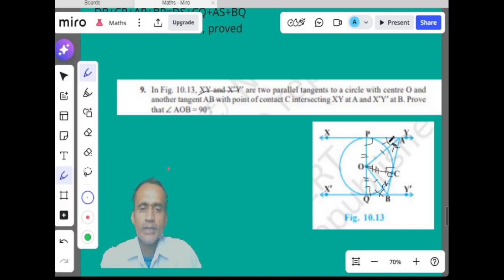So the property is that the sum of interior opposite angles is 180 degrees. What are the opposite interior angles? Angle PAC and angle QBC.